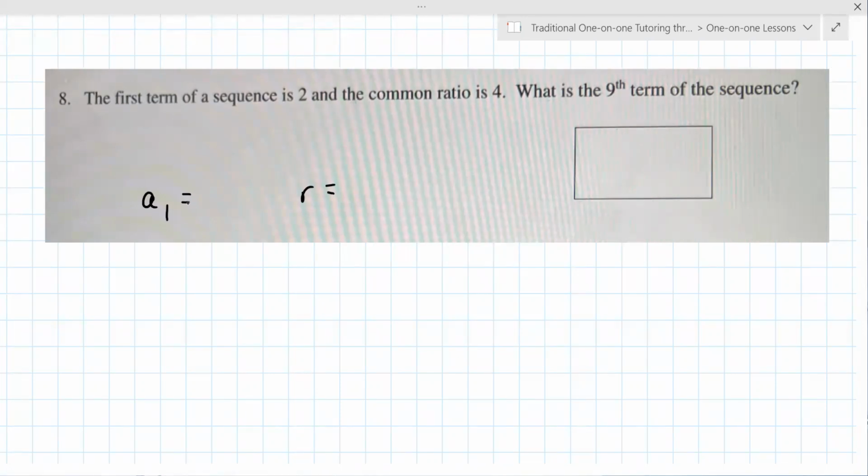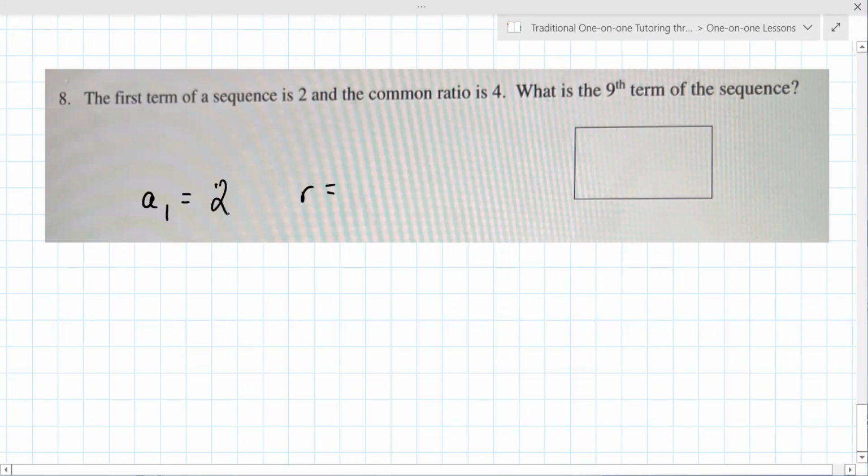A1 is 2 and R is 4. Perfect. Okay, and you have to have that down. You can't even go any further if you don't have those right. Here's the formula: AN equals A1 times R to the n minus 1 power. It's good to keep writing the formulas down every time you do the problem.